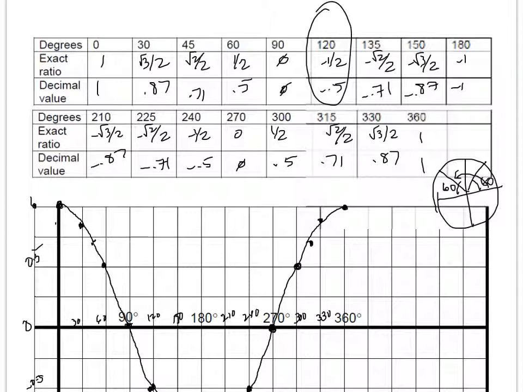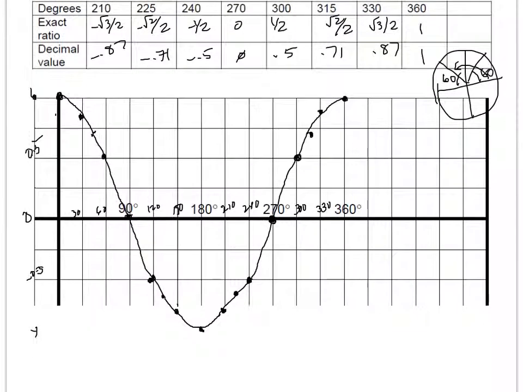Now to plot the graph, we are going to use the table of values we just found. And then, as before, I'm going to divide the y-axis into 4 boxes to be 1 unit. So the middle one is going to be 0.5, which is going to be here. And then the same if we go down for negative values.